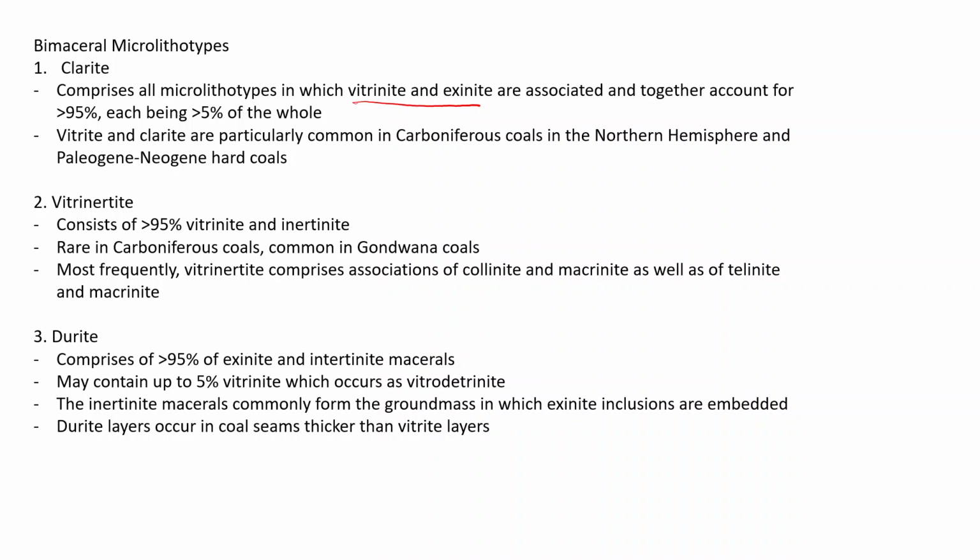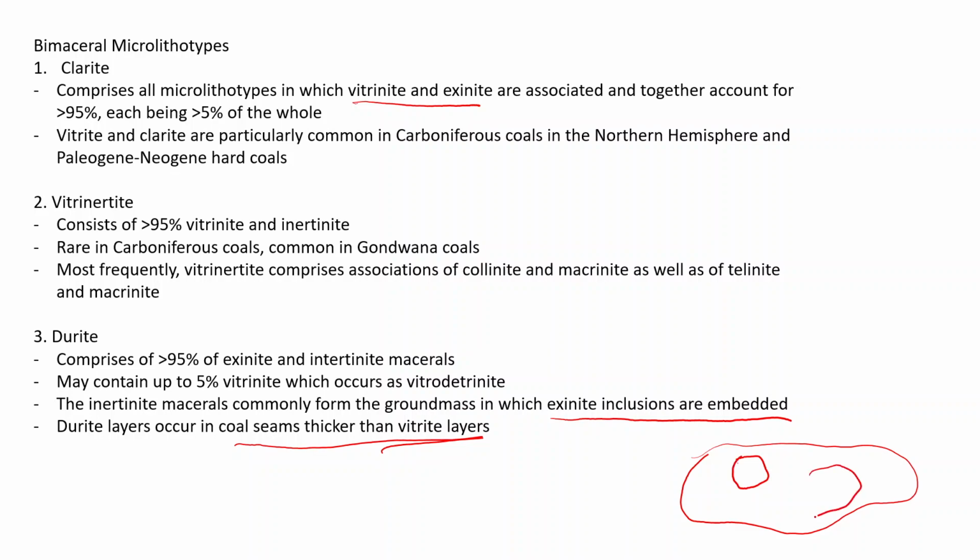Inertinite macerals commonly form the ground mass in which the exinite inclusions are embedded. This is important. And durite layers occur in coal seams thicker than the vitrite layer. So how do we identify durite? For example, if in this ground mass you are able to identify inertinite, you may find inclusions of liptinite group of macerals or exinite group of macerals embedded in this ground mass.